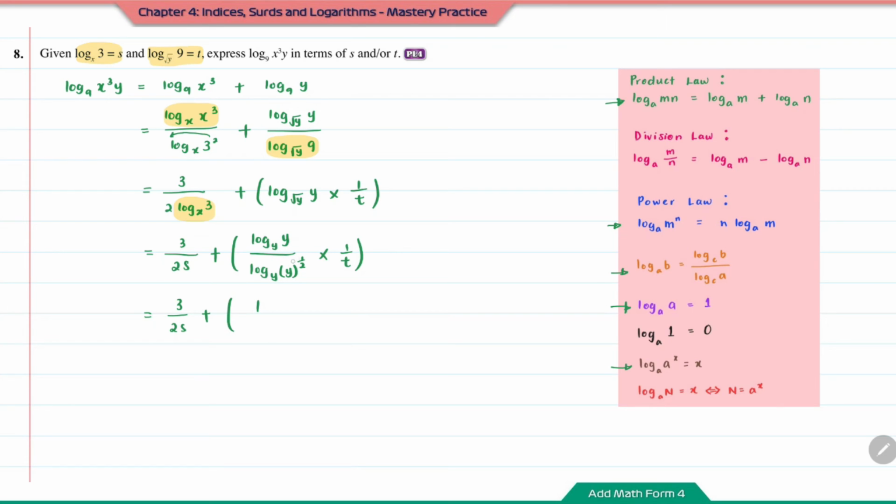And for the denominator part, move this 1 over 2 to the front, or you can just refer to this law again. Straight away, we are going to find that the answer is equal to 1 over 2. So here is 3 over 2s plus, so when 1 is divided by 1 over 2, you get the answer equal to 2. So when it is multiplied by 1 over t, here you're going to get 2 over t. So that is the answer.